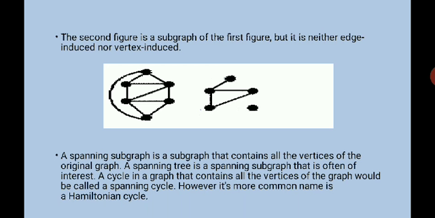A cycle in a graph that contains all the vertices of the graph would be called a spanning cycle. So if it forms a cycle along with the spanning subgraph, it would form a spanning cycle, or you call it a Hamiltonian cycle, wherein you consider all the vertices, and if the cycle is forming, then it becomes a Hamiltonian cycle, or a spanning cycle.